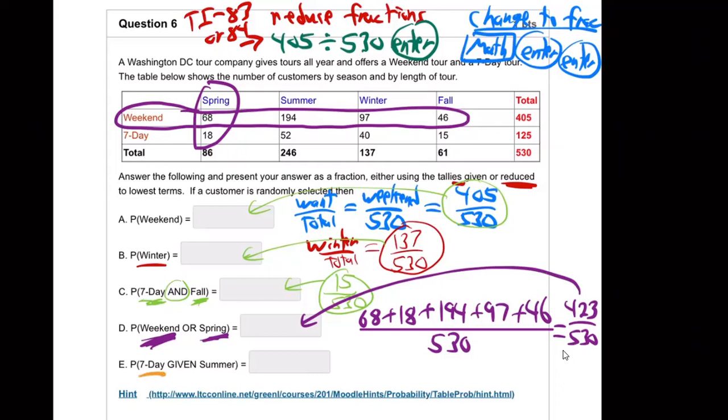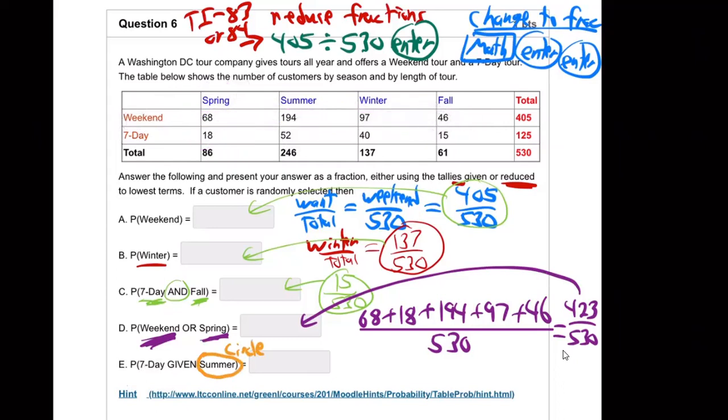Final question. 7-day given summer. Remember what we do with given? Given means we circle the given section and we narrow our focus just to that. So what's given, at least on mine? Summer. So I'm going to forget about all these other numbers, and you narrow your focus just on that because that's what you're given.